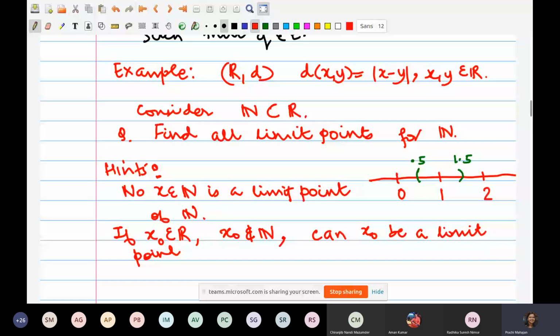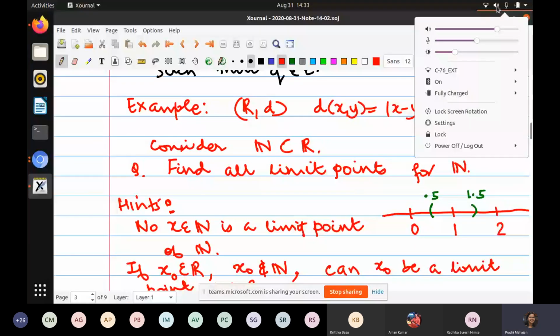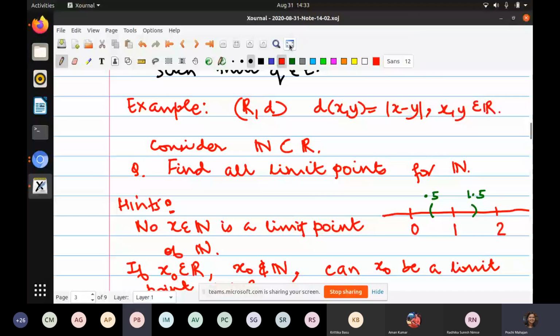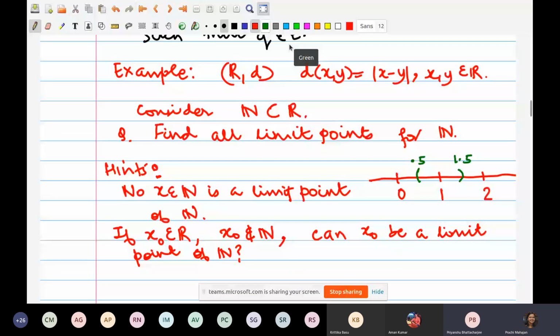Yes, please, louder. A student says x naught still cannot be a limit point of N. If you believe that, you have to tell me a neighborhood around x naught that does not contain any other natural number.